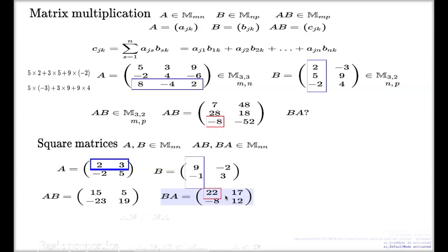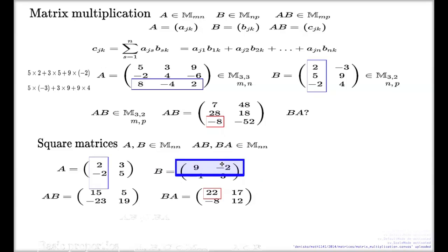So when I compute the product, I should take the first row in the first factor, and this time it is B, and the first column in the second factor, this time it is A. If you dot product these two vectors, 2 times 9 is 18, but this time you plus 4, which is 22. Surprise, surprise, it's a different result.